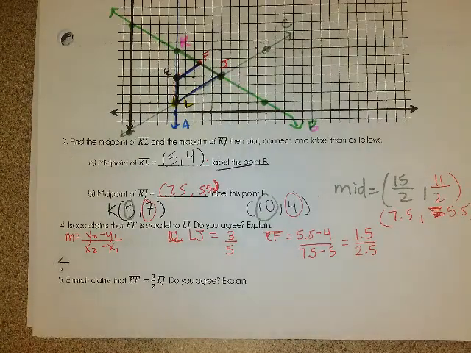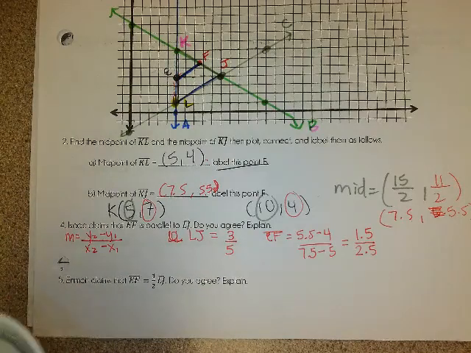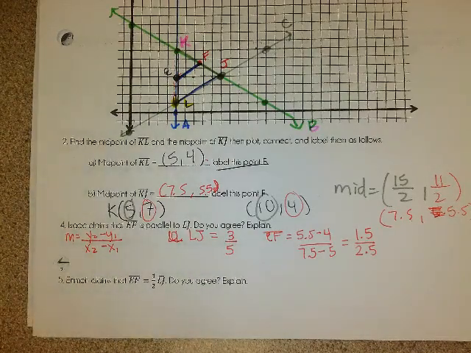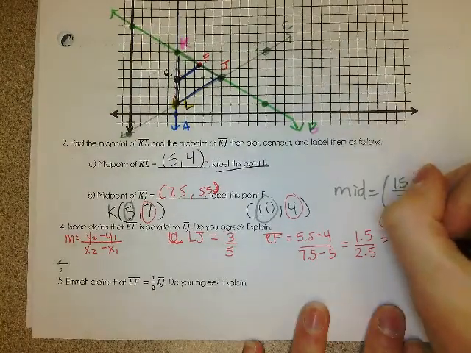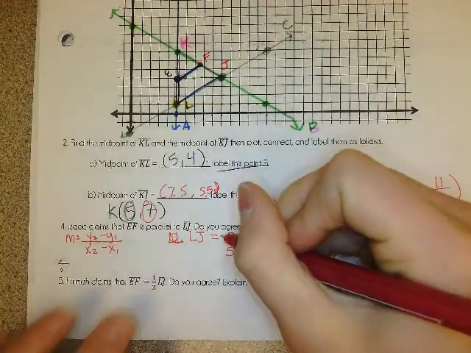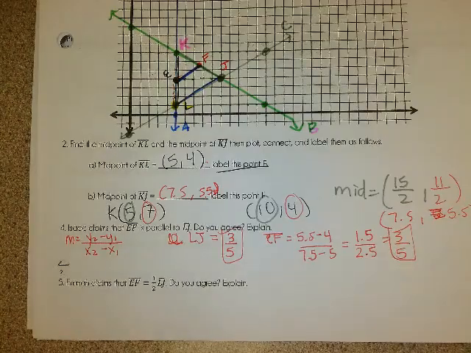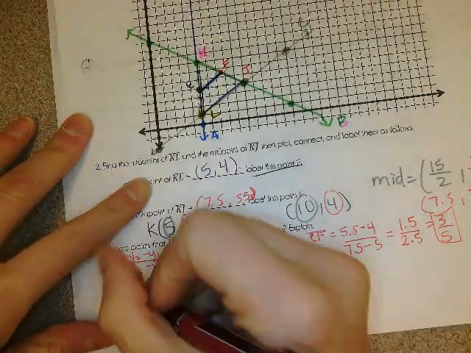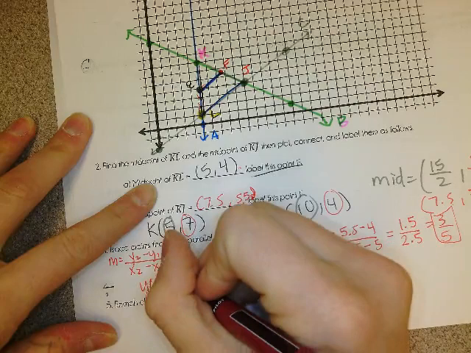Okay? Alright, so 1.5 divided by 2.5. Turn that to a fraction. That is 3/5. So, it says EF is parallel to LJ. Yes, they have the same slope.